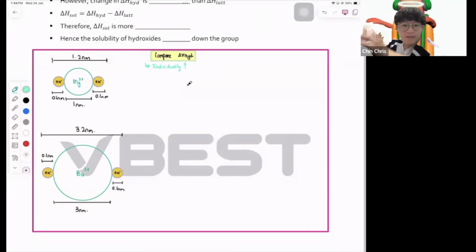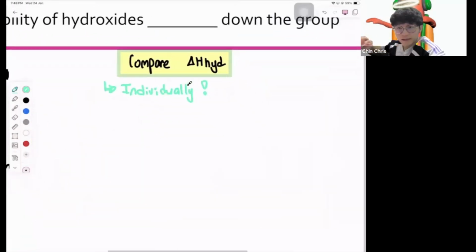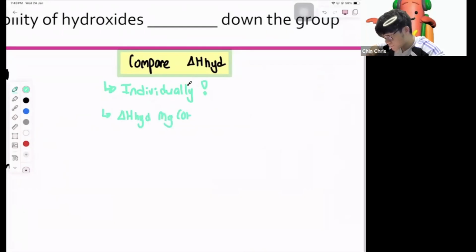So you compare anion and cation individually. Now, I have delta H hydration of Mg(OH)2. Let's say I put it as 1000 here. Can anyone tell me what happened to hydration of Ba(OH)2?